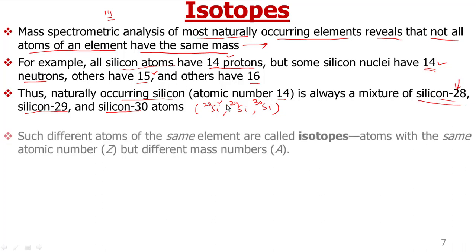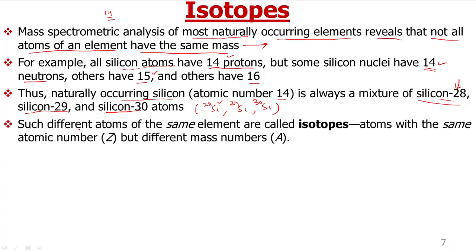Such different atoms, as you already know from your previous classes, are atoms of the same element which have the same atomic number but different mass numbers.